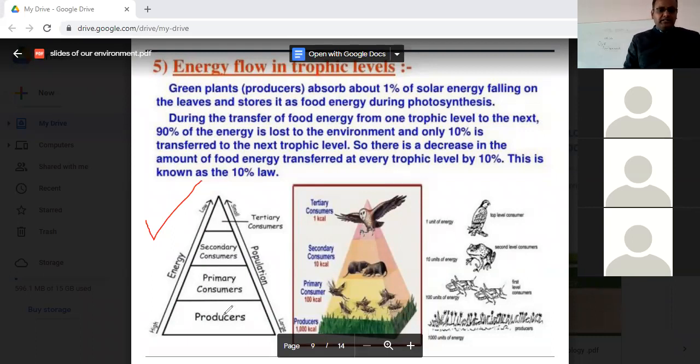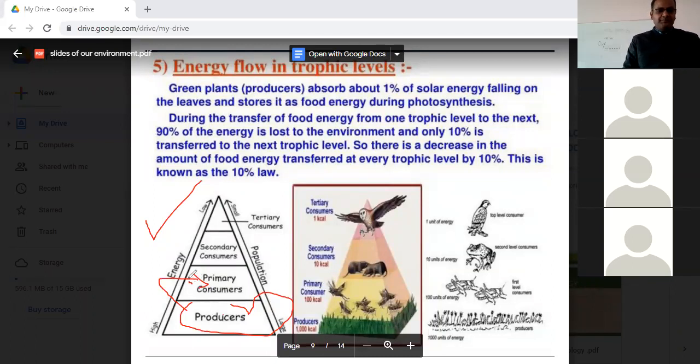Only 1% of the energy available from the sun is utilized by the producer. And whatever amount of energy is prepared by the producer, only 10% of it goes to the next trophic level, that is, to the primary consumer.